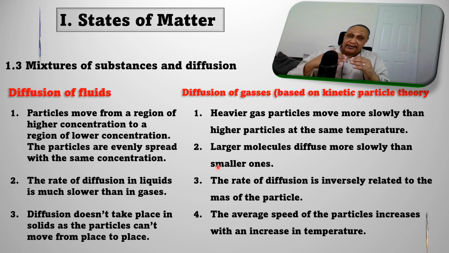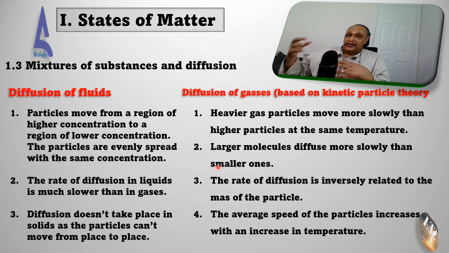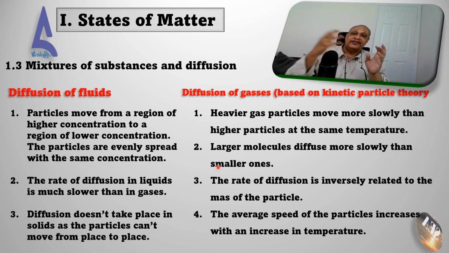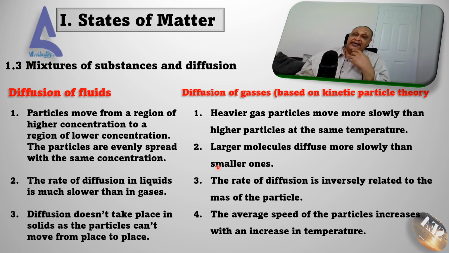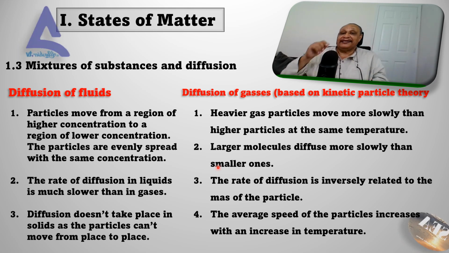If you increase the weight of the particle, then the diffusion is going to be less. If you increase the size of the particle, the diffusion rate is going to be less. The rate of diffusion is inversely related to the mass of the particle. The average speed of the particles increases with the increase of temperature.